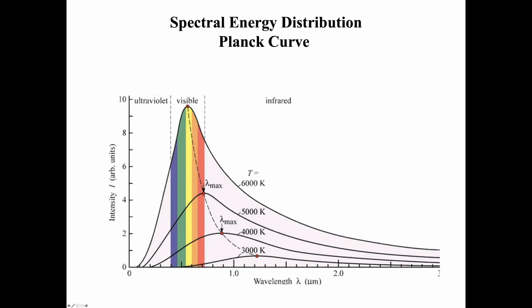Stars cooler than that peak in infrared, and we see part of their emission in visible wavelengths. As you go to a star that is at 3,000 Kelvin, the peak of the emission is far in the infrared, and only part of their radiation is emitted in visible wavelengths, mostly in red that we see. That's why cold stars look red to us, and hot stars look bluer to us.